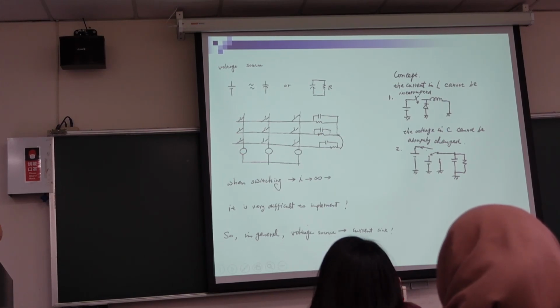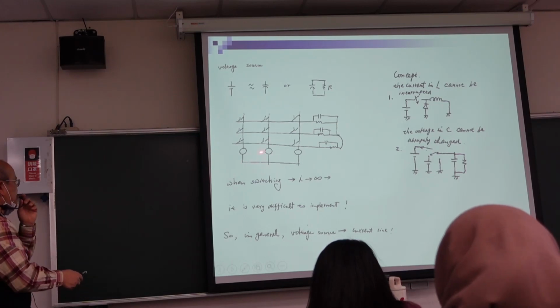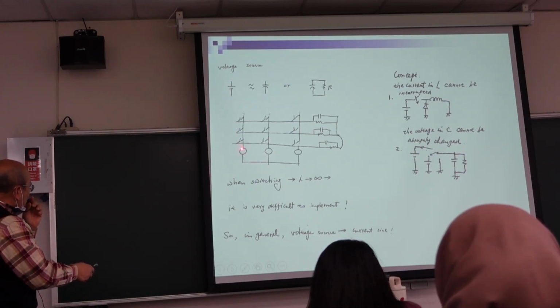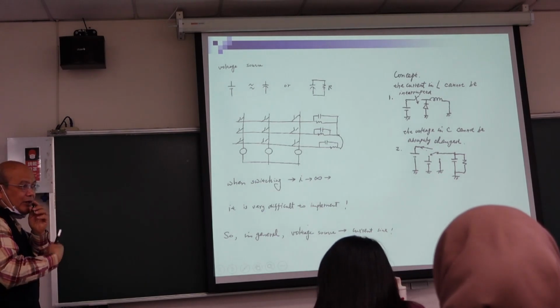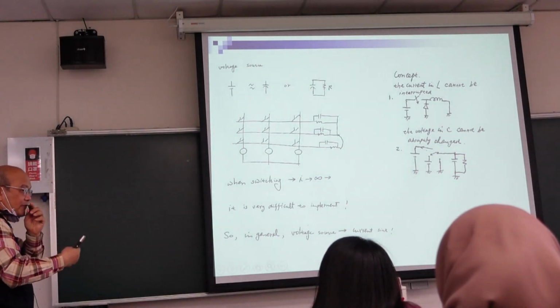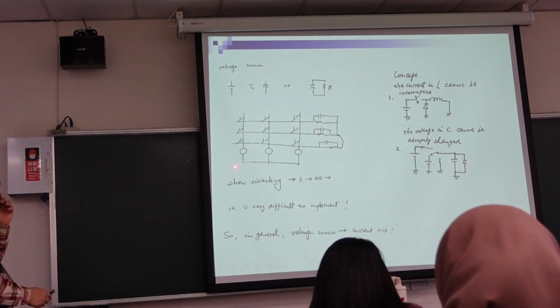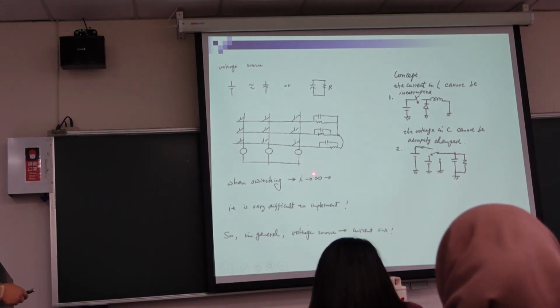So they only provide constant voltage. They cannot provide constant current. So can you buy a circuit that always provides 1 ampere? You cannot get this kind of facility. So we say the input is always voltage source, the output is always current sink.